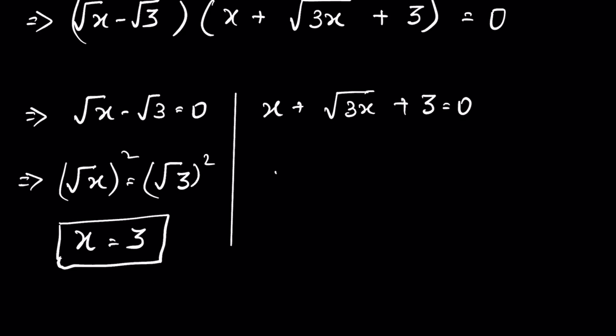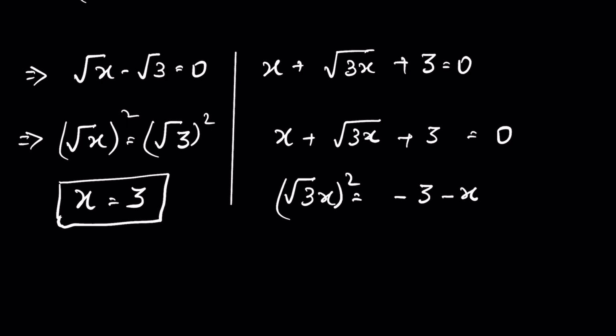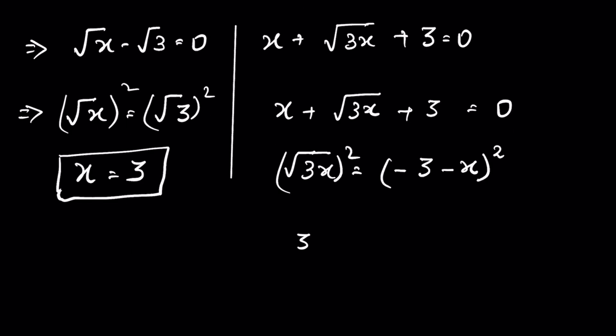Now we have x plus square root 3x plus 3 equals 0, or we can write it as square root of 3x equals minus 3 minus x. Let's square both the sides, so it is 3x, we remove the square root with the square, equals minus 3 minus x.